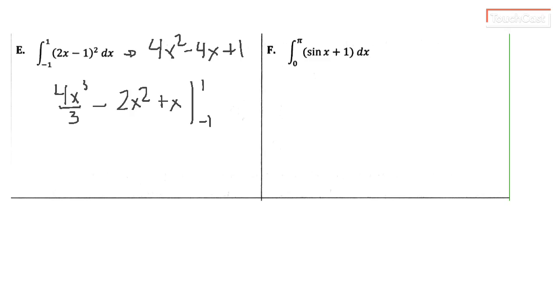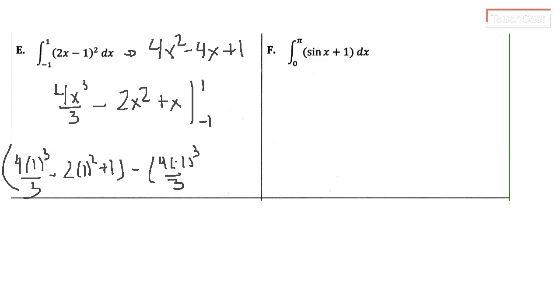So let's plug both of those in. We're going to go 4 times 1 cubed over 3 minus 2 times 1 squared plus 1. And then from that we're going to subtract 4 times negative 1 cubed over 3 minus 2 times negative 1 squared plus negative 1.